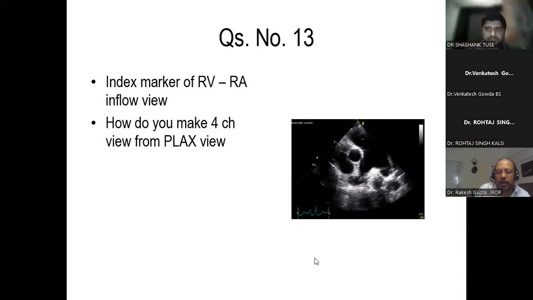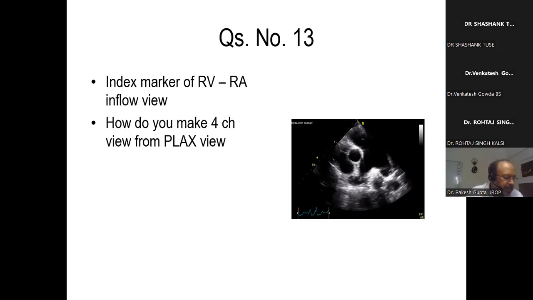How do you make this view? Sir, is this a parasternal short axis view at aortic level? Yes. Parasternal short axis view at aorta will show RA, RV, then RVOT, and then pulmonic artery.